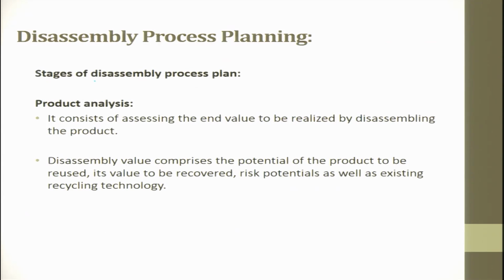The stages of dismantling process plan, the product analysis. It consists of assessing the end value to be realized by dismantling the product. Disassembly value comprises the potential of a product to be reused, its value to be recovered, risk potential as well as existing recycling technology.